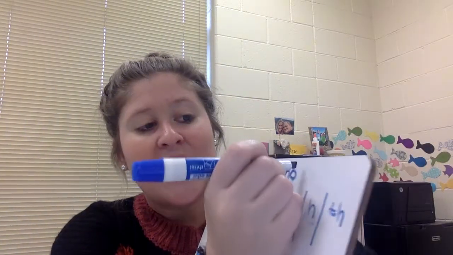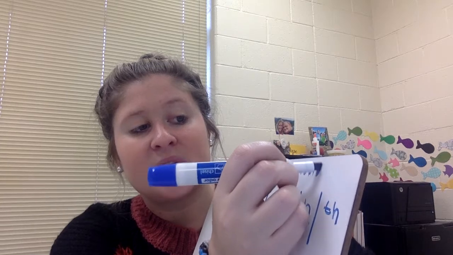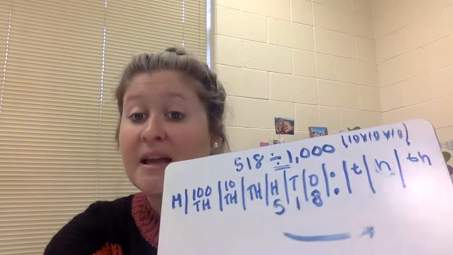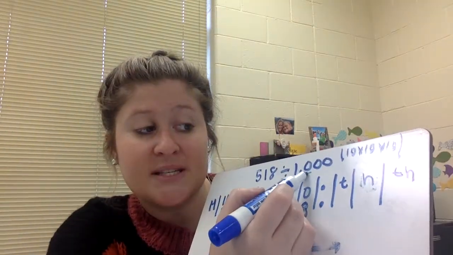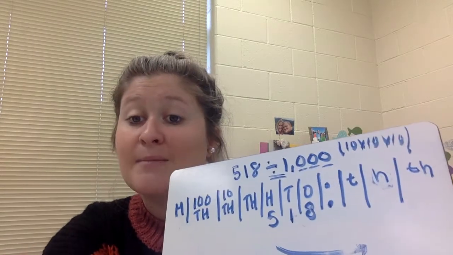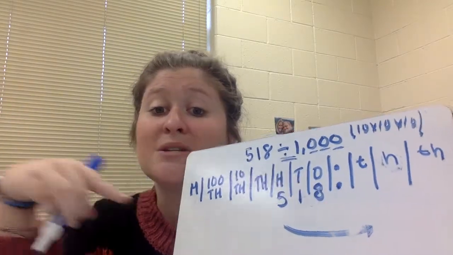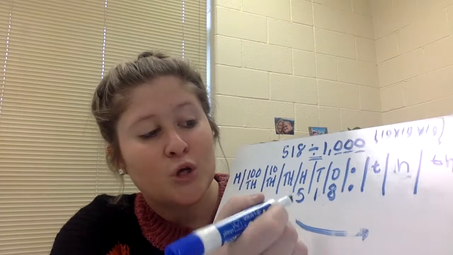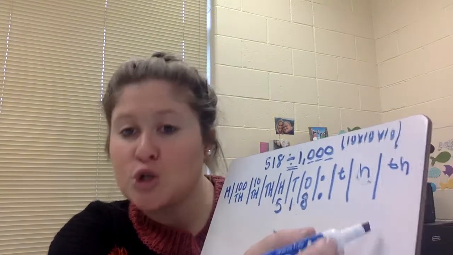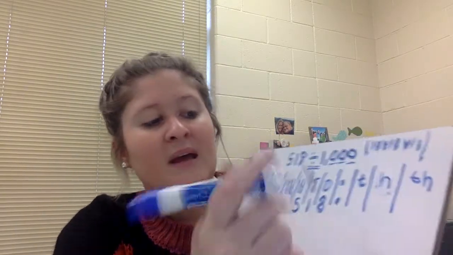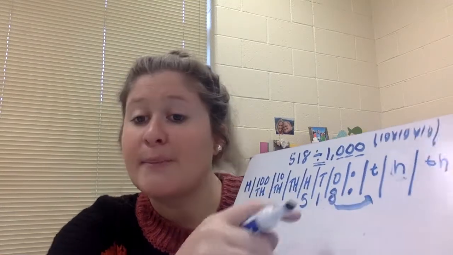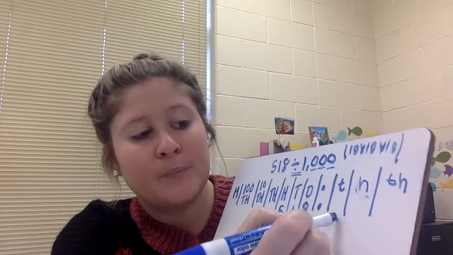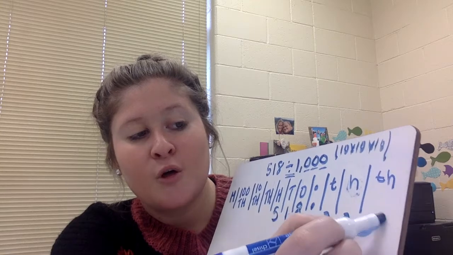Pretty simple. 1,000 again is 10 times 10 times 10, or it has 3 zeros. So I know I need to make 3 jumps to the smaller place values. So I'm going to start with my 8, and I'm going to jump everything over. 8 moves once, skip over the decimal because it's not a place value, twice, 3 times.